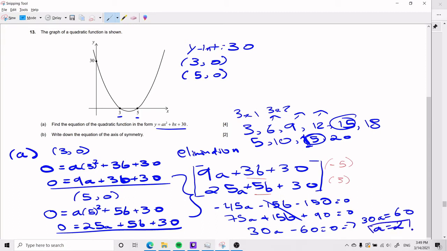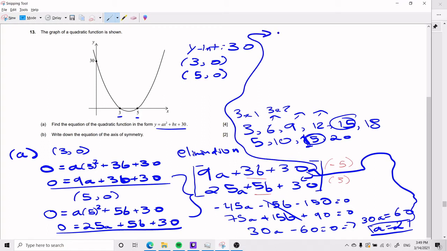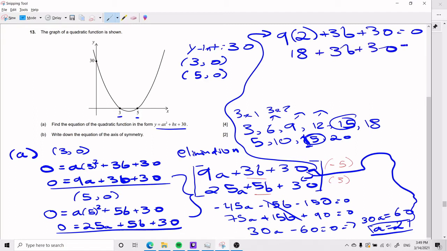And now that I have one of the variables, I can plug it back into either of these and get the value for b. I'm going to choose to plug it into the one on the top. So working that out over here, plugging in 2 for a, 9 times 2, plus 3b, plus 30, equals 0. 18 plus 3b plus 30 equals 0.